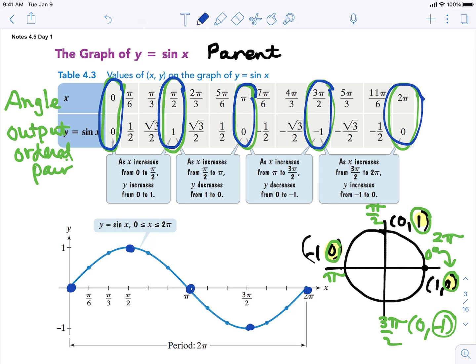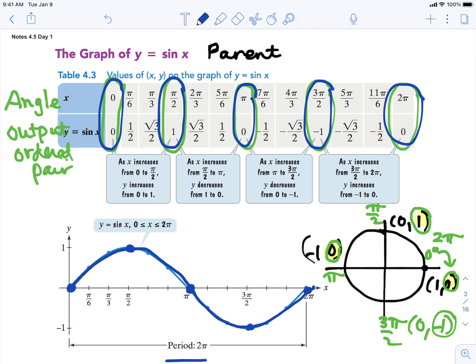So these are 5 coordinates that we graphed. Now there are more ordered pairs between these 5 coordinates. And what happens is when we connect those dots, we're going to get a sine curve that looks like a wave.